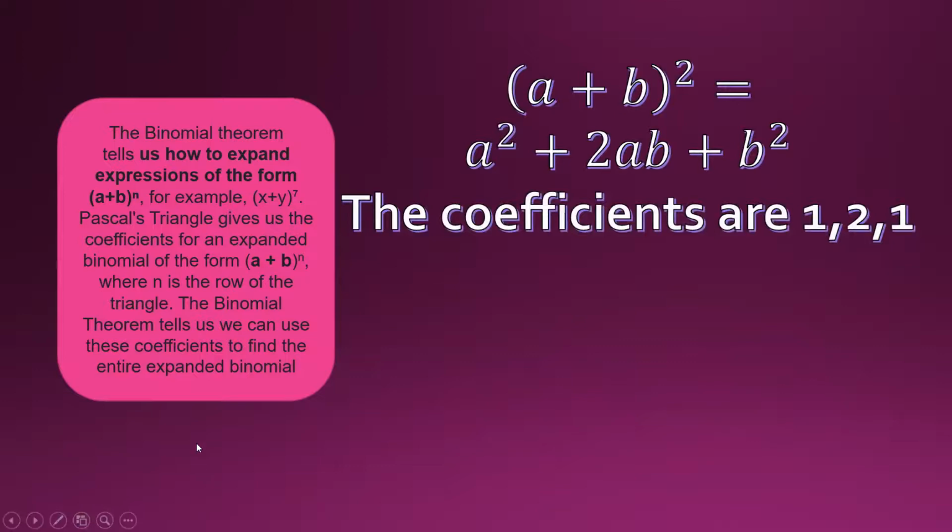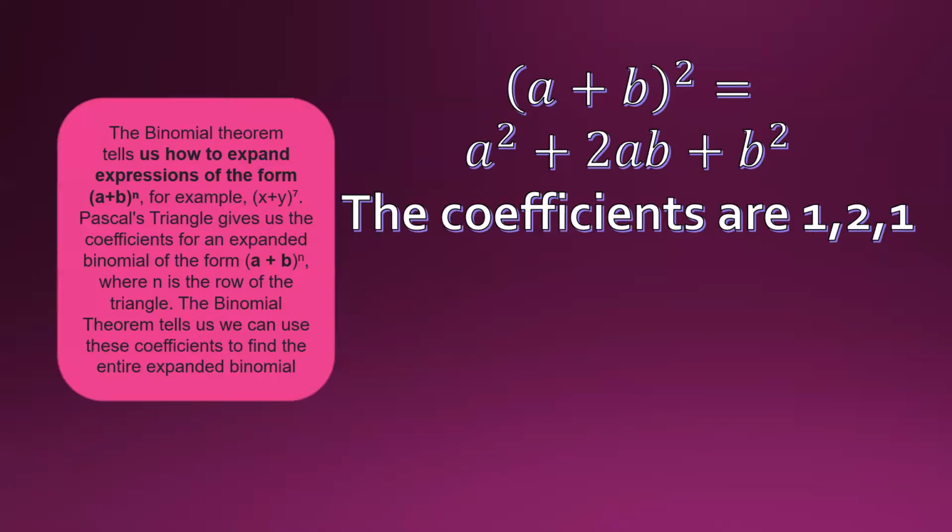For example, if I take the following binomial a plus b and take the second row of the Pascal's triangle and put 2 as its power, then I will be able to expand it into the identity a square plus 2ab plus b square.